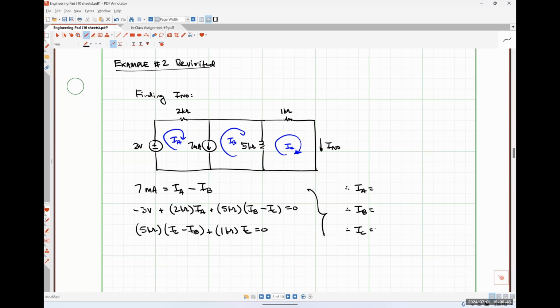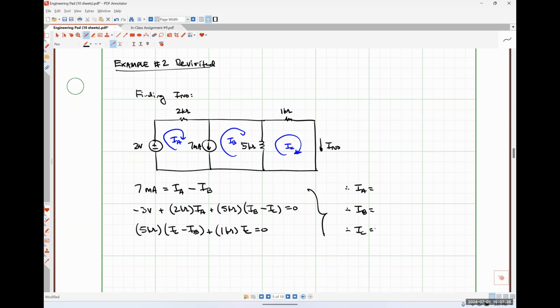All right, resetting the memory on my calculator to get rid of that last system. In our first equation, our coefficient for IA is 1, our coefficient for IB is -1, our coefficient for IC is 0, and our constant term is 7 milliamps or 0.007. In our second equation, our coefficient for IA is 2000, our coefficient for IB is 5000, our coefficient for IC is -5000, and our constant term is 3 volts.